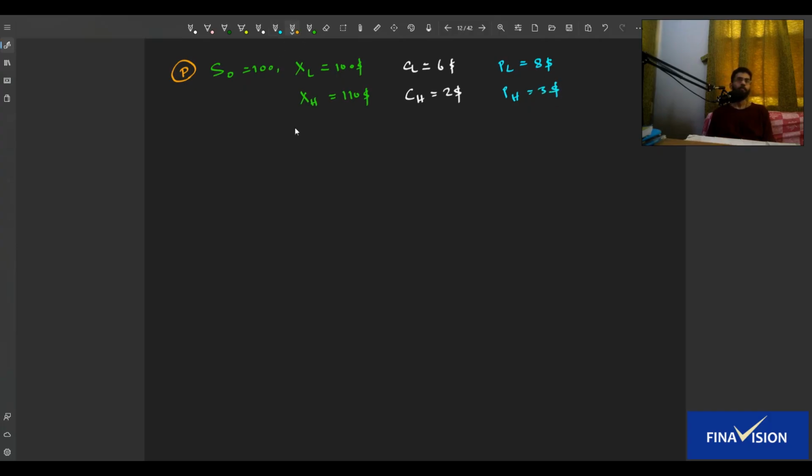Now we have a few questions. The first question is how to create a bull call spread. The answer to this, what is the answer, friends? The answer is buy the low, sell the high. In case of bull spread, you buy the low, you sell the high.